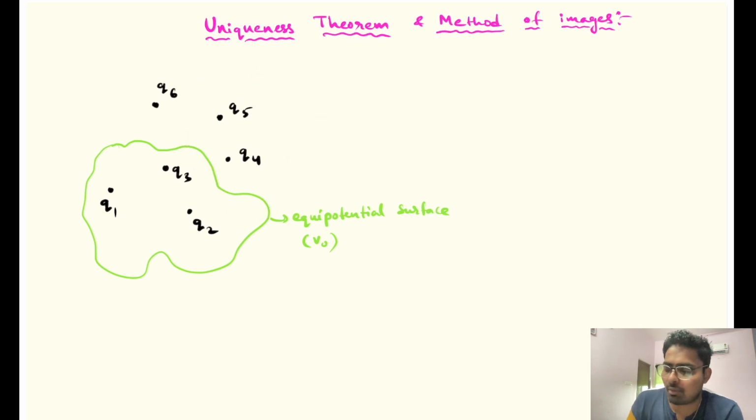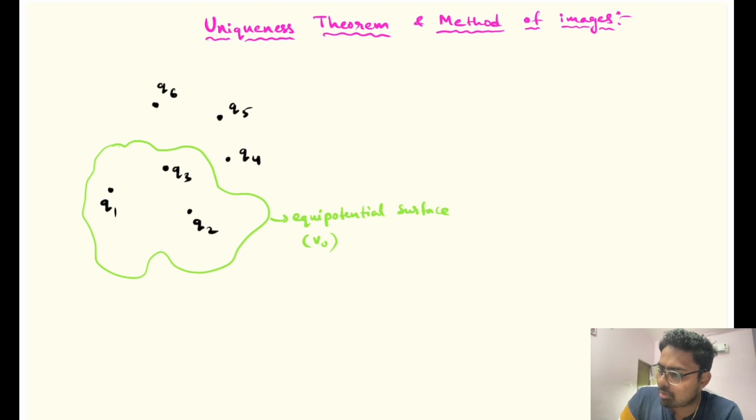For the V0 potential, the locus of all the points having V0 potential gives us a surface which we name the equipotential surface, because each and every point of that surface has equal potential V0. Now let us try to understand what this uniqueness theorem says.